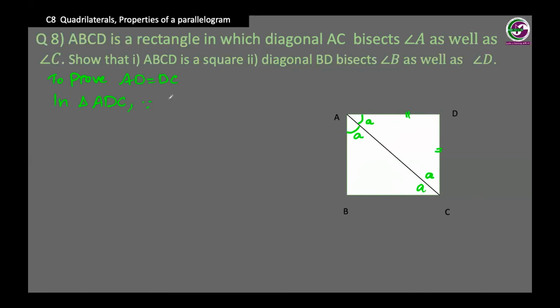Since angle DAC is equal to angle DCA, AD is equal to DC because of the isosceles triangle property. So if adjacent sides are equal, it is a square. Since adjacent sides are equal, ABCD is a square.